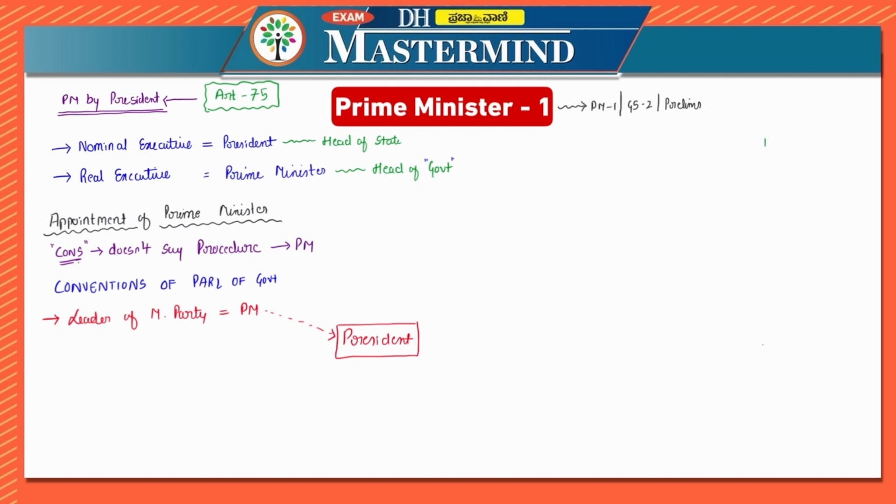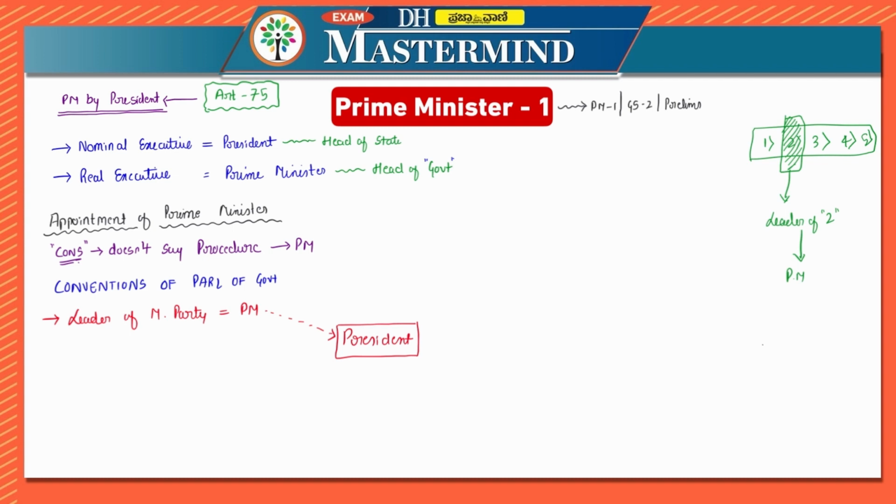Let's say there are 5 parties, and out of all these parties, the second party has received the majority of seats. So the leader of this party, the leader of the second party, must be appointed as Prime Minister by the President itself. So what is the first convention? It says that the leader of the majority party in Lok Sabha is the Prime Minister.